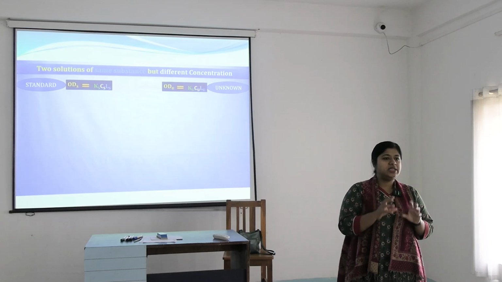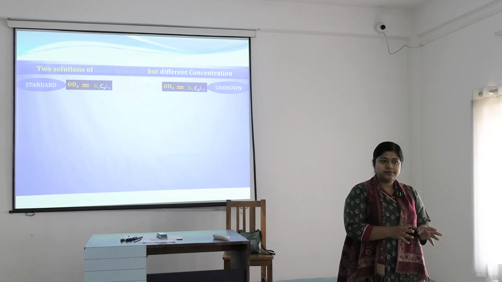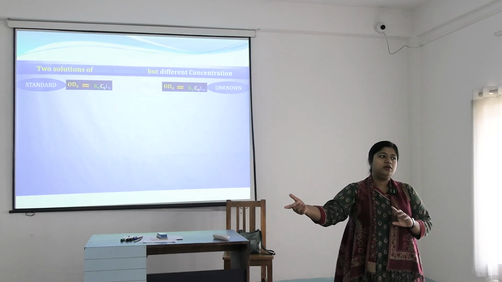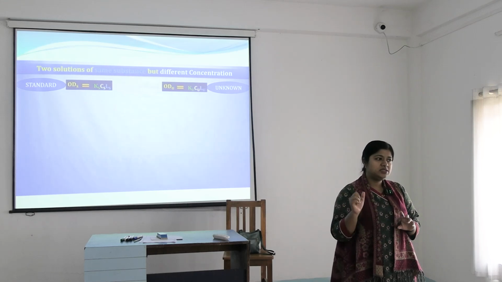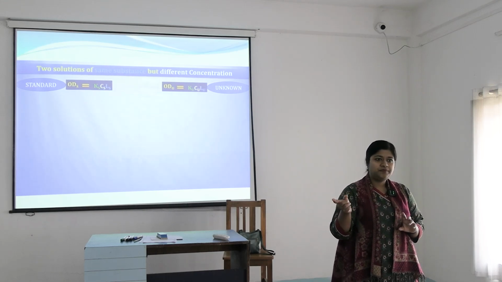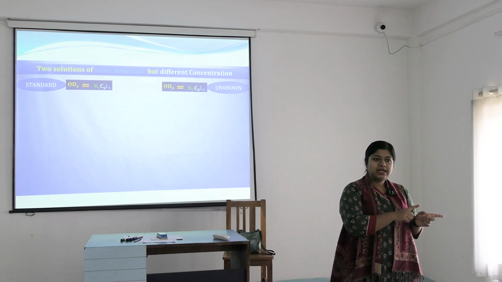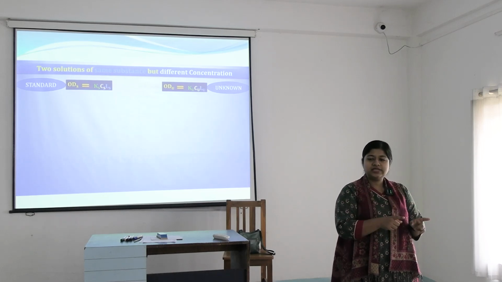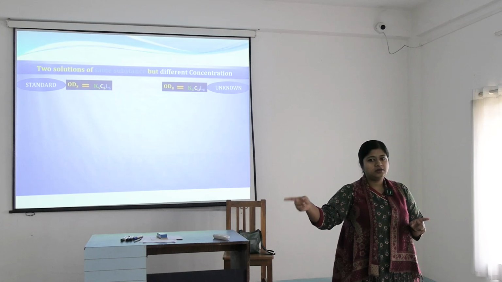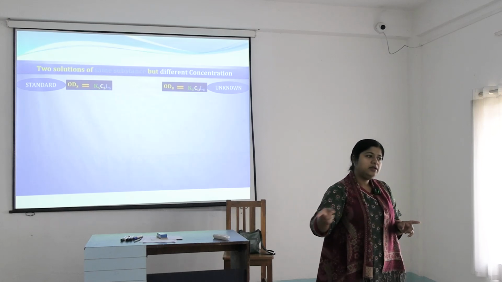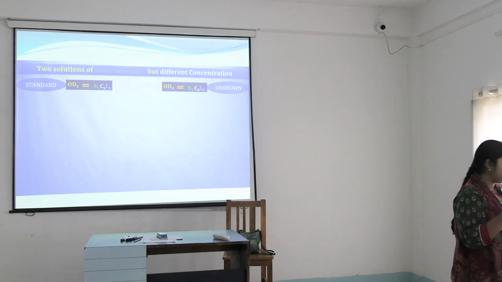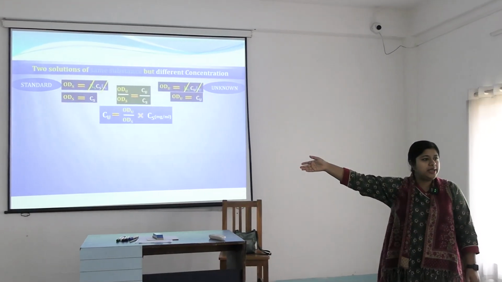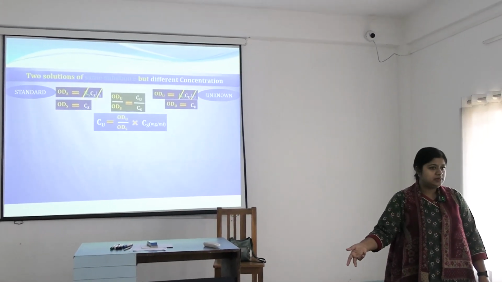So if we measure the OD of a known substance, that is standard concentration, and we are measuring the OD of the unknown concentration substance, so we will get OD standard, OD unknown. We know the concentration of standard, we don't know the concentration of unknown. Can we find the concentration of unknown? How? Can we write this? K is same for the same substance.